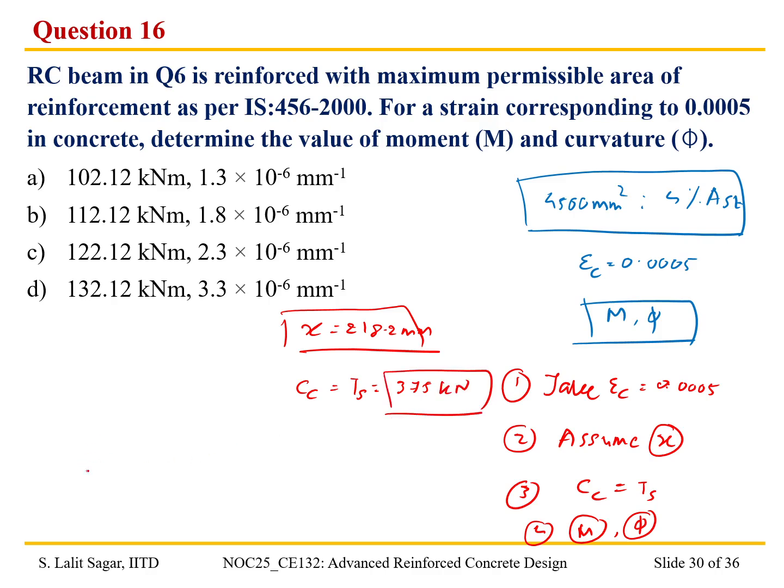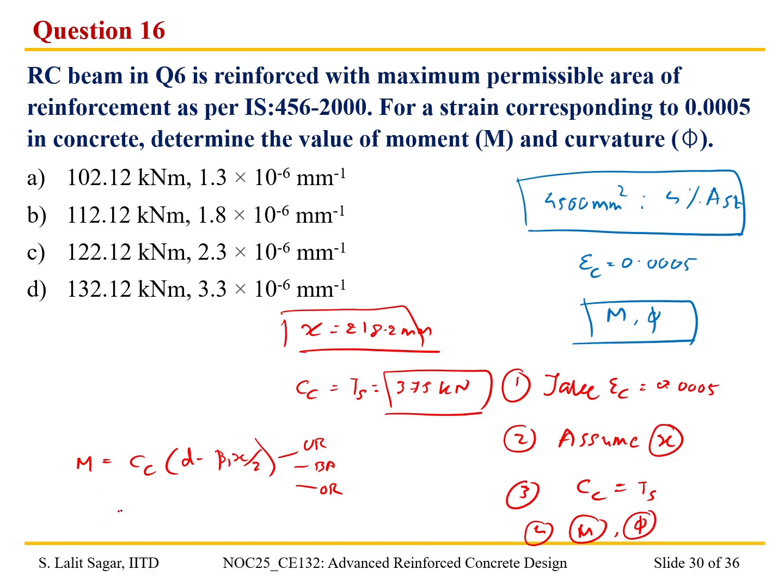Now we need to find out the value of M over here. M is equal to Cc into (d minus beta 1 into x by 2). Irrespective of the cross section that is provided, whether it is under reinforced, balanced, or over reinforced, the equation for the moment capacity is the same.